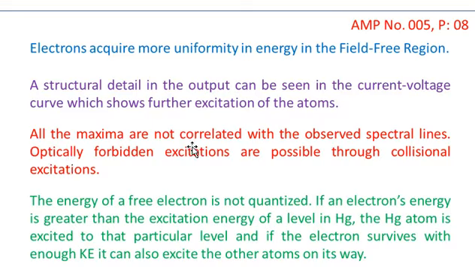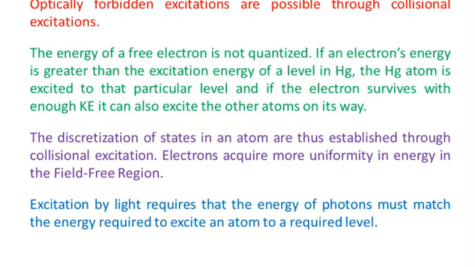All the maxima are not correlated with the observed spectral lines. Optically forbidden excitations are possible through collisional excitation. That is, you can collisionally excite optically forbidden excitations, but they will not decay by themselves. Either they decay through electron collision, which will not give off any light.